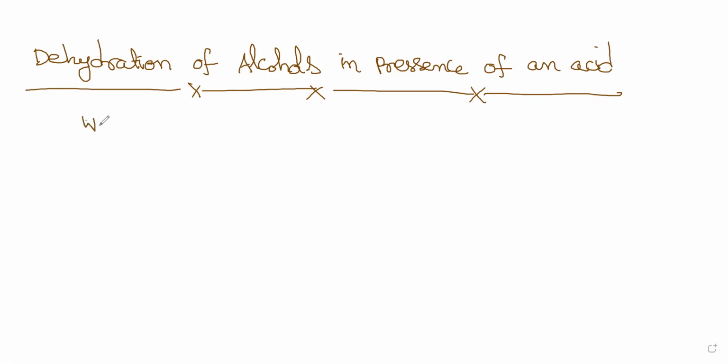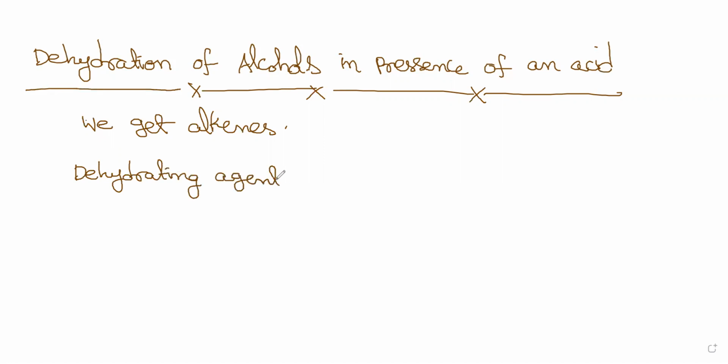If dehydration happens, we get alkenes here. The dehydrating agents are H2SO4 as well as H3PO4.